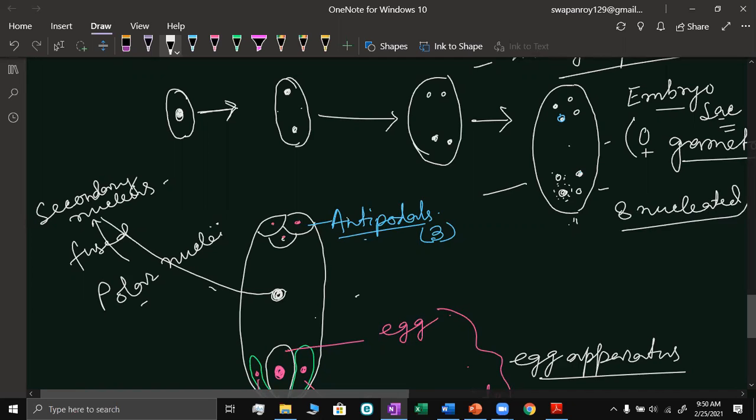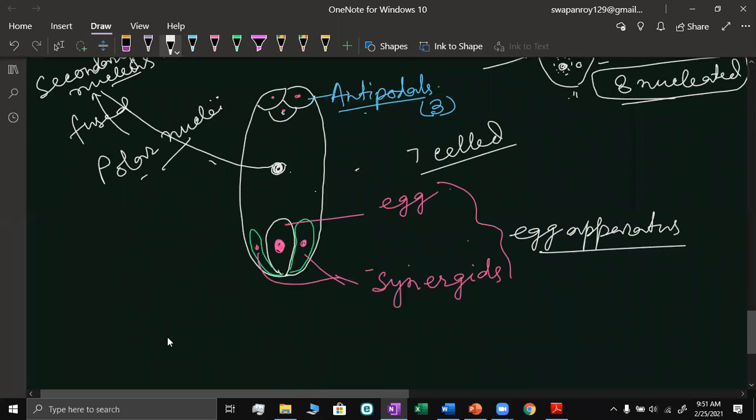The embryo sac is initially 8 nucleate, but later on it becomes 7 celled, where actually it is 6 cells and either 2 polar nuclei or 1 secondary nucleus. This is the mature embryo sac.